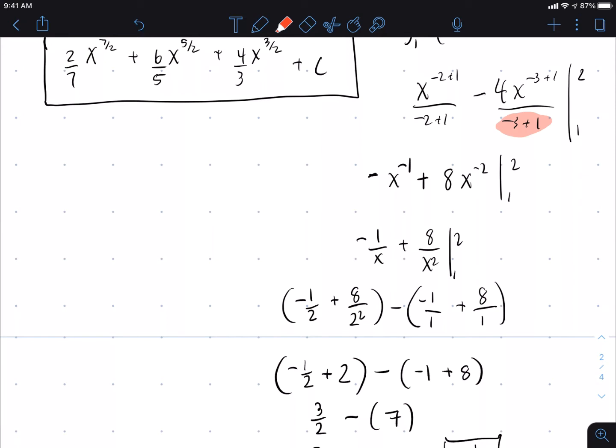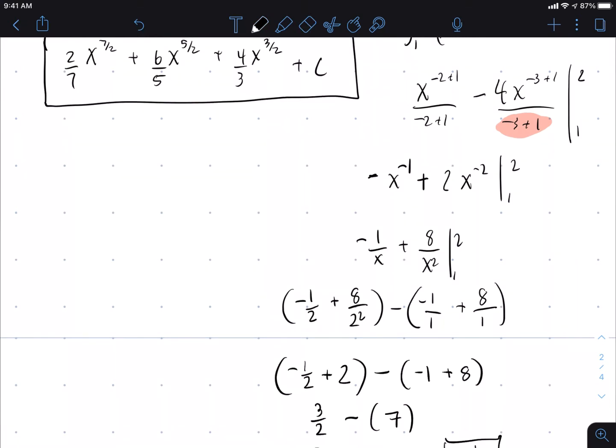I made a mistake arithmetically, and no one pointed it out. I multiplied by 2 instead of dividing by 2. So this should actually be a 2. See, even I make mistakes when I'm not paying attention.